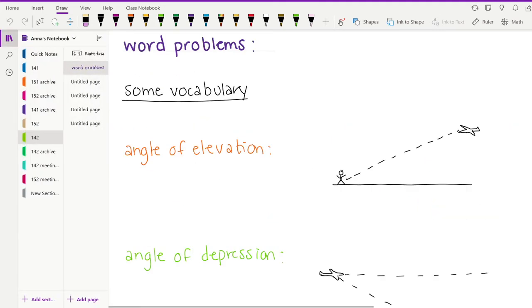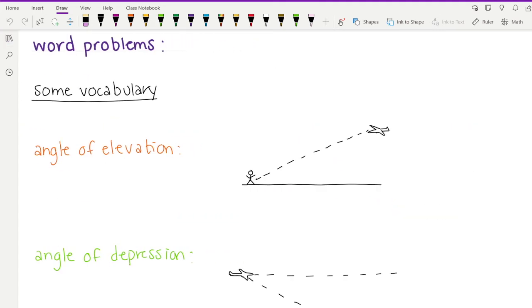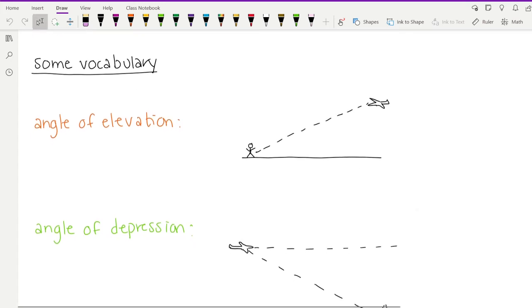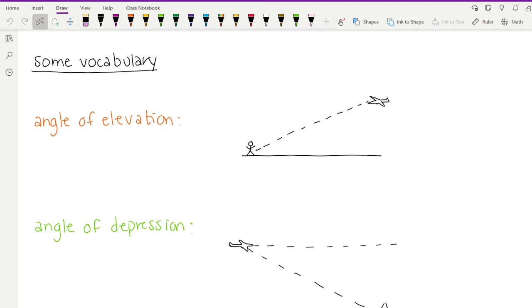Okay, so this is the same kind of idea that we're going to be using now in a couple of word problems. Before we get to the actual word problems, there's just a little bit of vocabulary I want to introduce. Not every word problem with trig uses these, but some word problems refer to something called the angle of elevation and the angle of depression. The angle of elevation would be used in a situation where you have an object that is above another object.